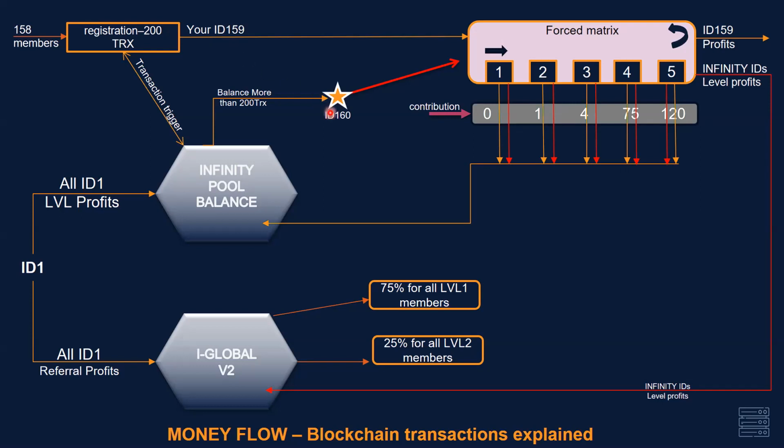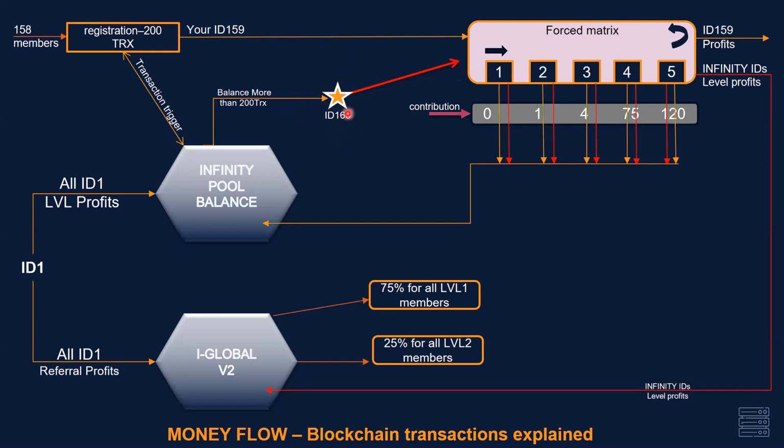You see 159, 160. This is the infinity ID. This is the system ID, right? What is special about the system ID? We said this ID will also go the same way as anybody else.